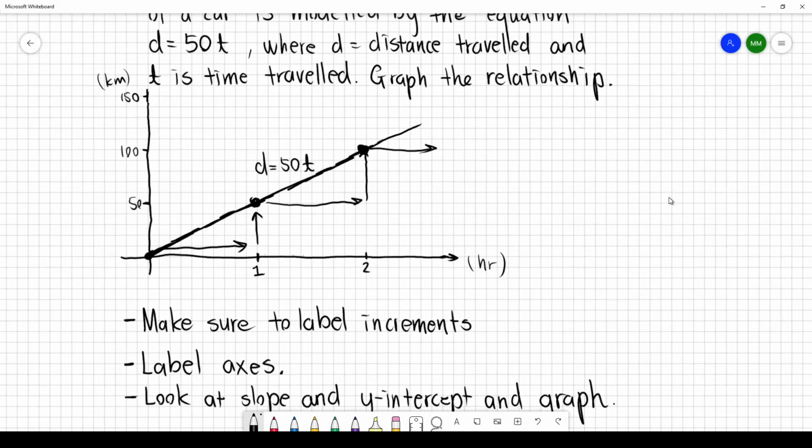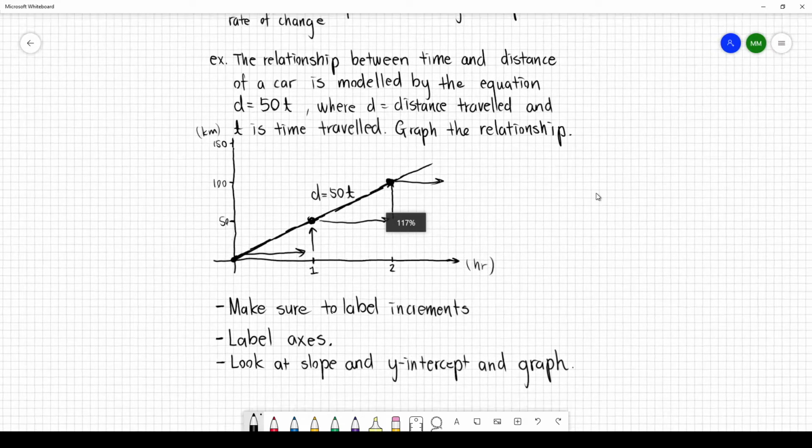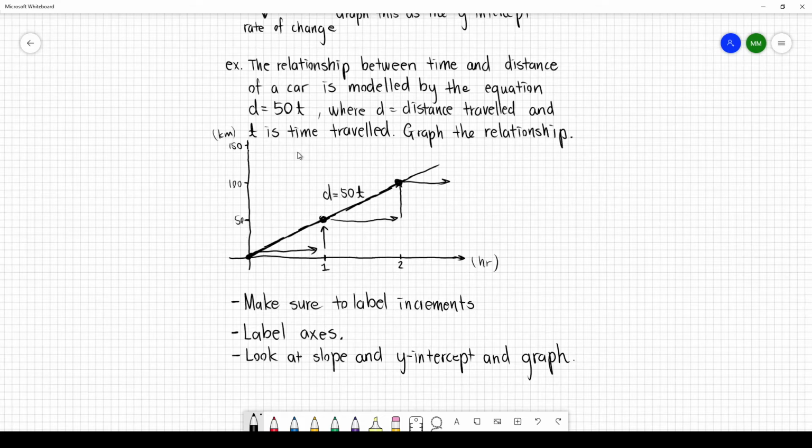So the nice thing about transforming an equation into a graph is that most of the times, the equation will be in slope intercept form. So it will probably have a very clearly defined intercept and the slope will be pretty clearly defined as well.